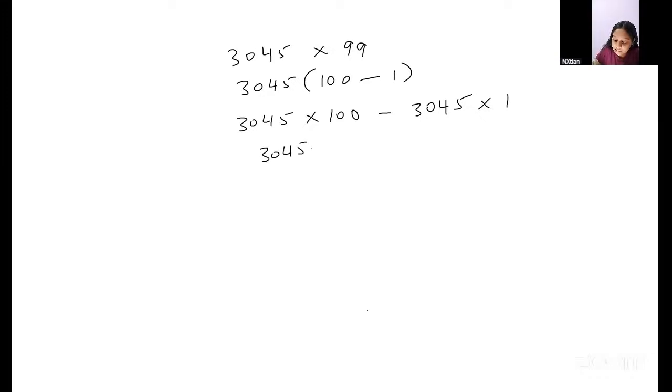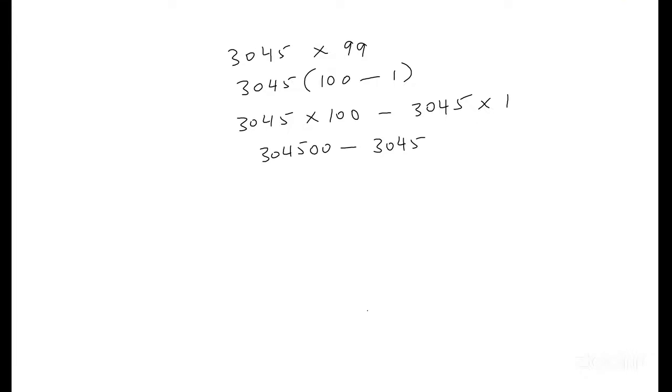Minus 3045 into 1, which is 3045, because we are multiplying with 1.